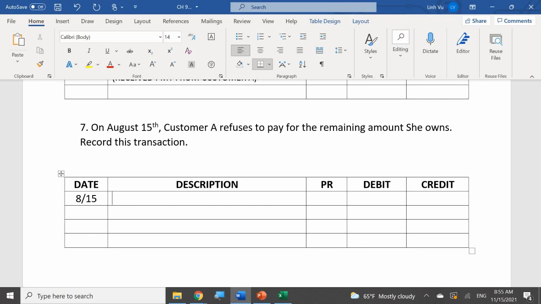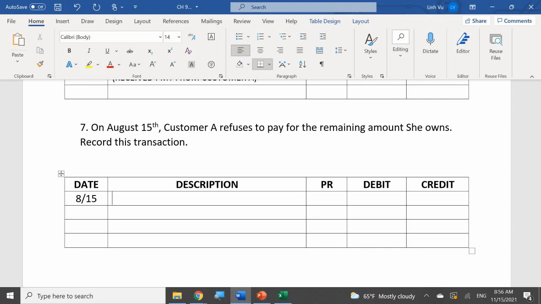In this case, she refuses to pay for what she owes. Okay, there is a transaction, right? If someone refuses to pay and they owe you money, what do we call that? A bad debt? Potential bad debt. So if there's a potential bad debt, what account do we use? Bad debt expense.